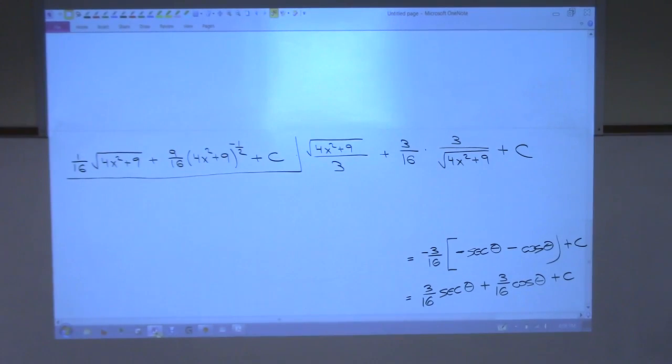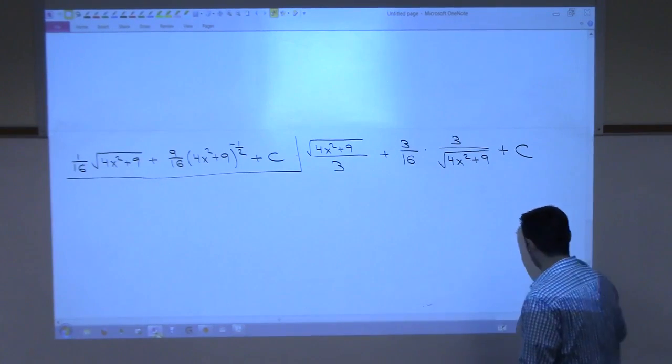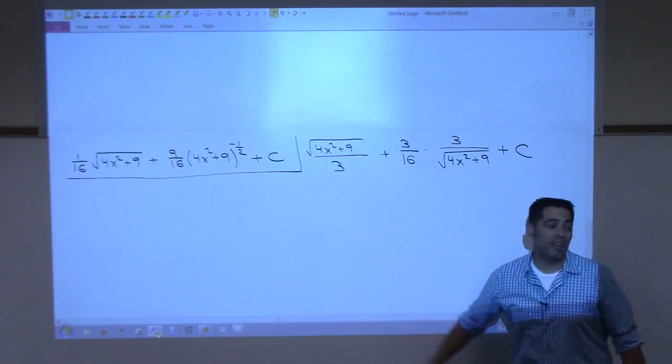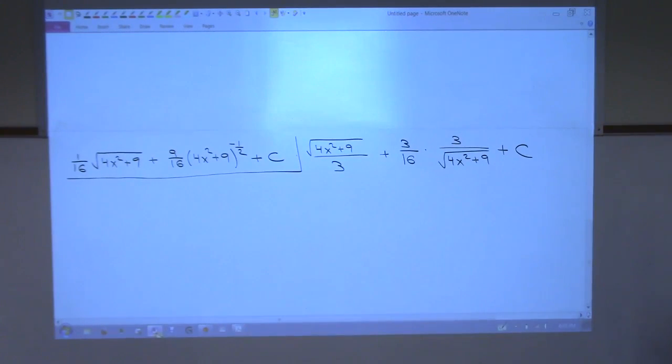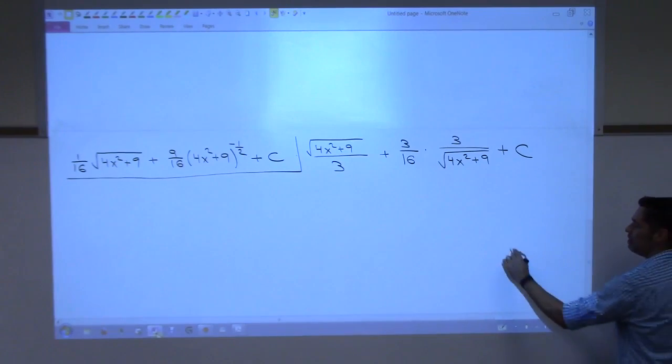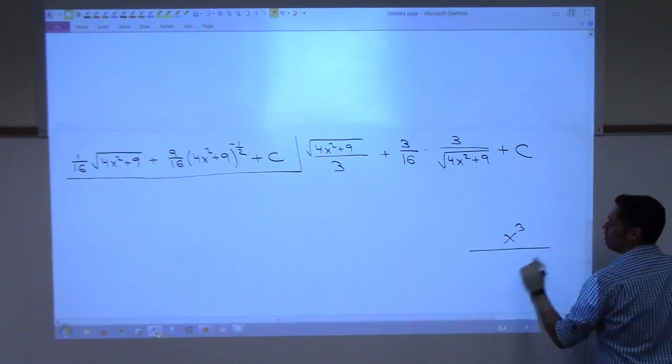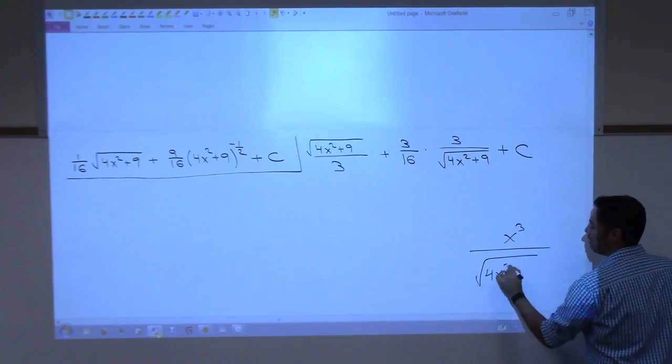Now the reason I wrote it like that is because I'm about to take the derivative. I'm going to check my answer. It's not that bad. Trust me. What is it that we're trying to get? When I take the derivative of that, we should get x cubed over square root 4x squared plus 9.